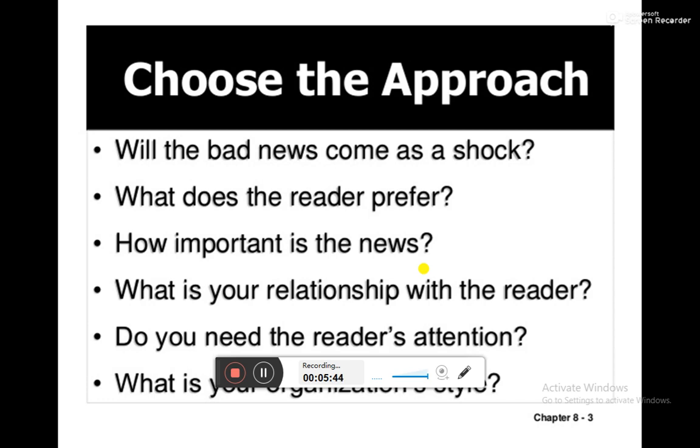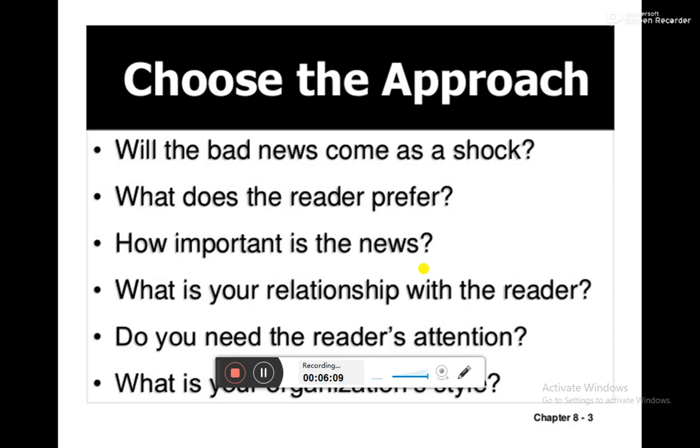How important is this news to the reader? For minor or routine scenarios, the direct approach is nearly always best. However, if the reader has an emotional investment in the situation or consequences to the reader are considerable, the indirect approach is often better, particularly if the bad news is unexpected.